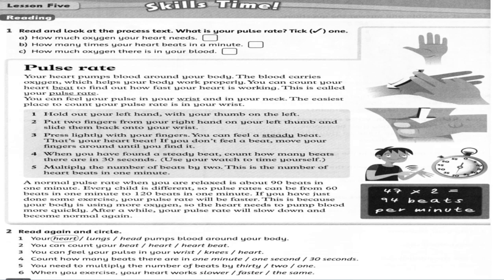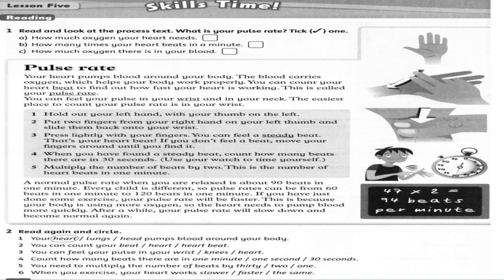However, let's go on to the exercise that's about this reading. I want you to circle the right answers, and I will be reading the sentences only with their correct choices. So number 1, your heart pumps blood around your body. Number 2, you can count your heartbeat.